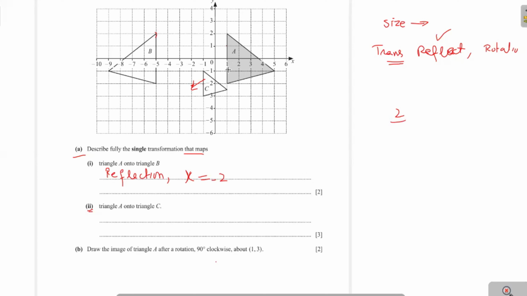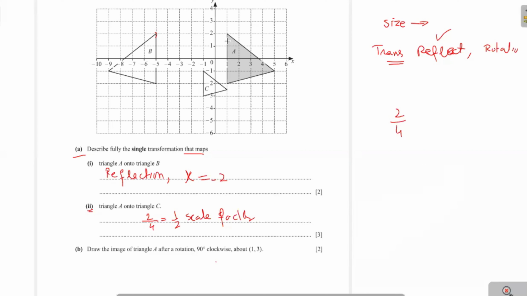You see here 1, 2, 3, 4. Now the ratio between the image length and the object side length is equal to the scale factor. Therefore, 1/2 is the scale factor of this enlarged figure.